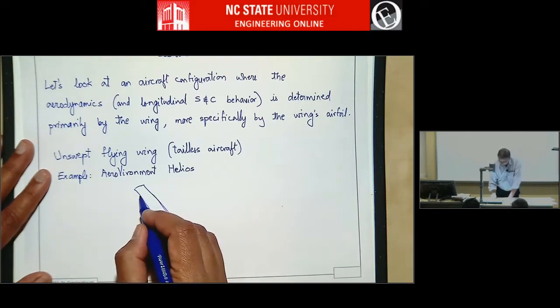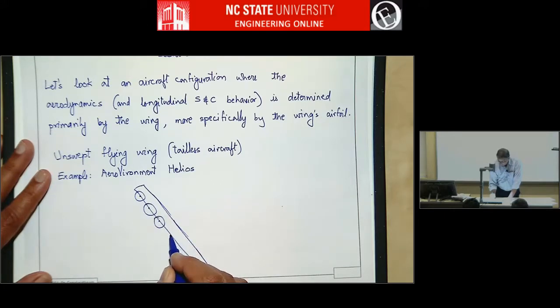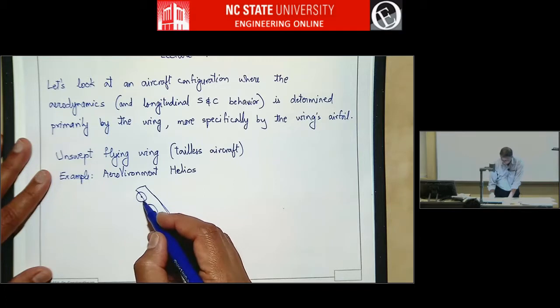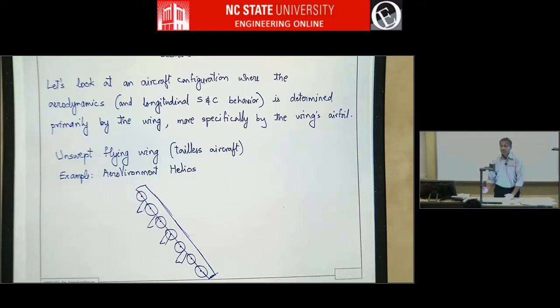It's got many electric motors and propellers distributed along the span, something like 14, and it also has pods for various avionics and stuff like that. This is just a sketch. You can find pictures of it on the internet.